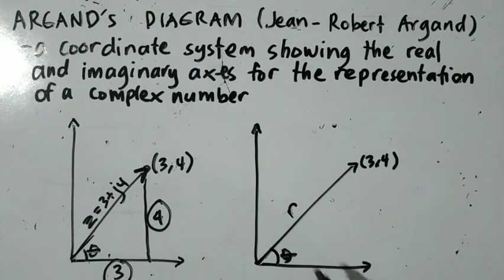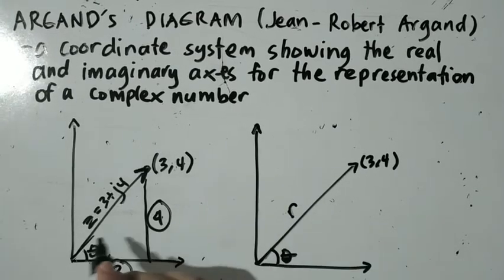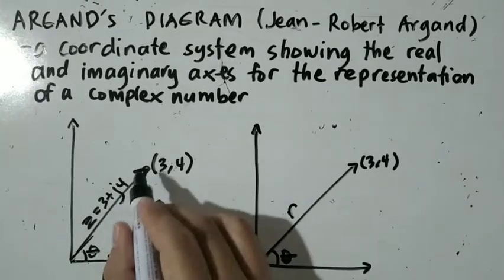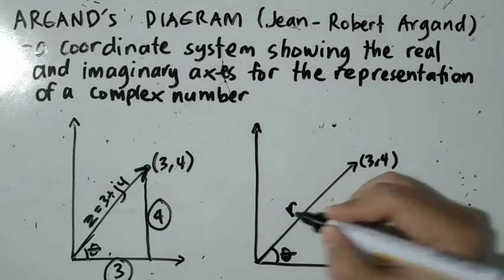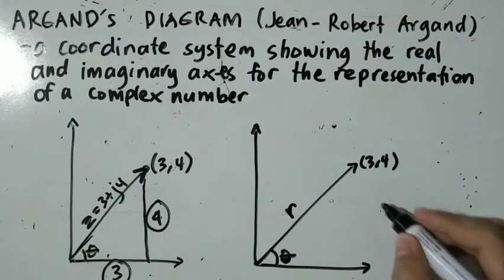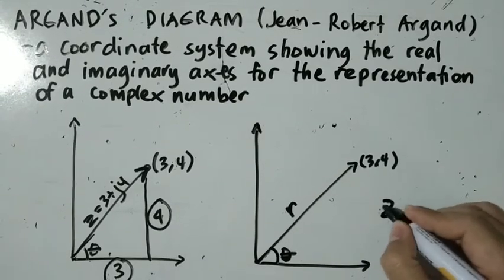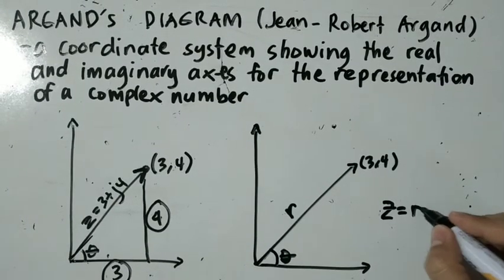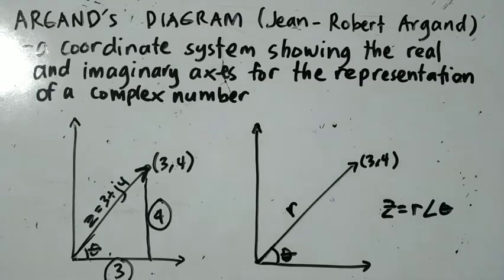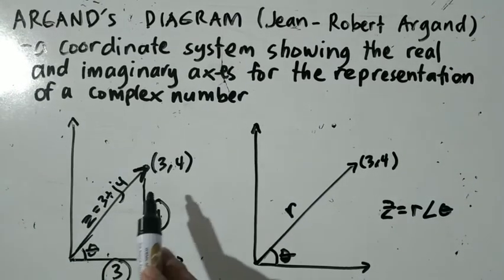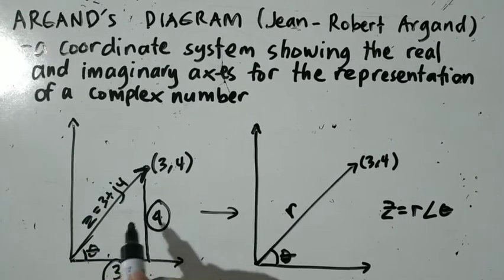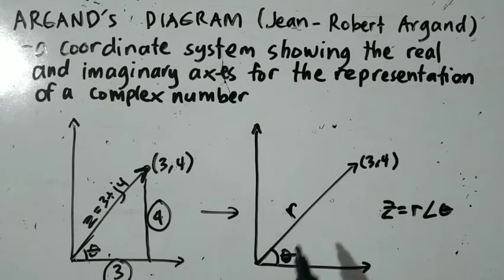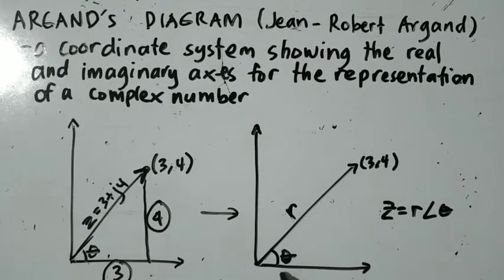Which means that if we obtain our theta and the hypotenuse of this triangle, we can already obtain our r and theta for the polar form of the complex number. So we can simply convert our rectangular form into polar form by taking the hypotenuse and the angle theta.